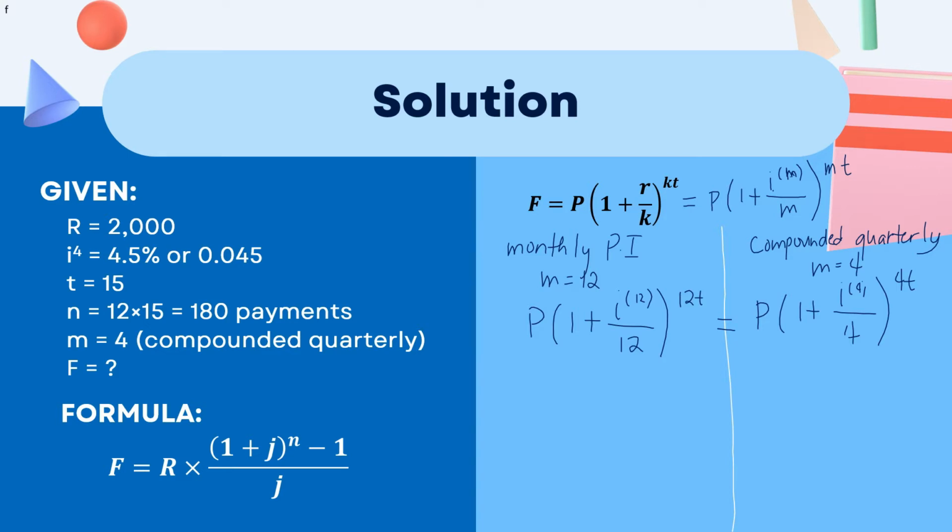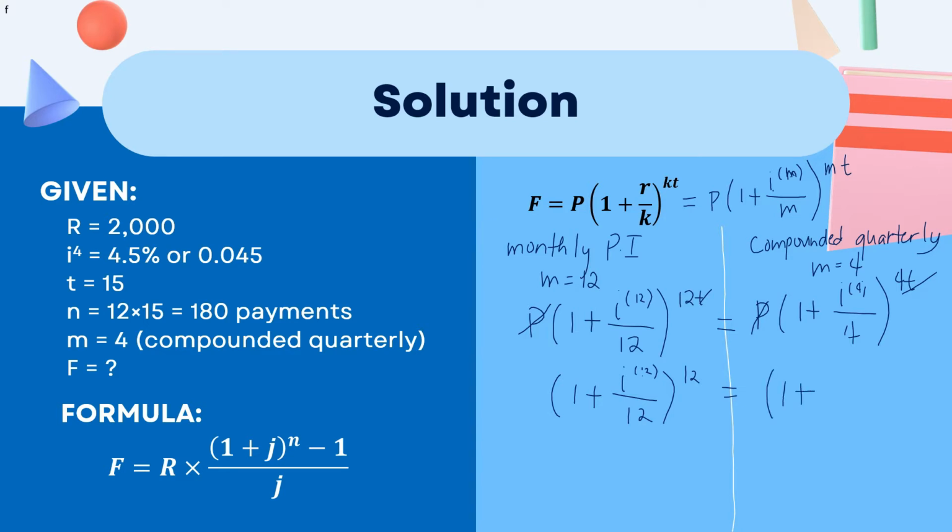Kung equal po sila sa isa't isa, we disregard na itong P at saka T. Equal naman na siya.